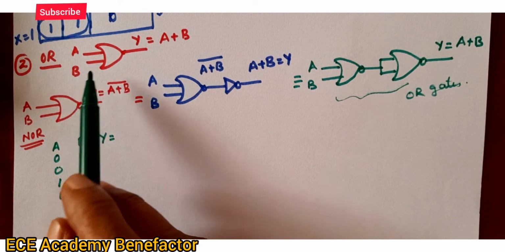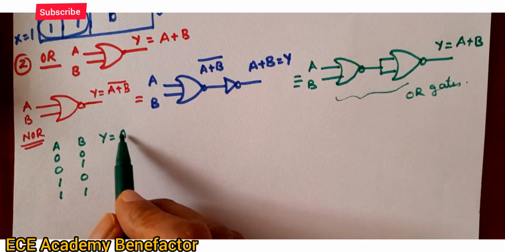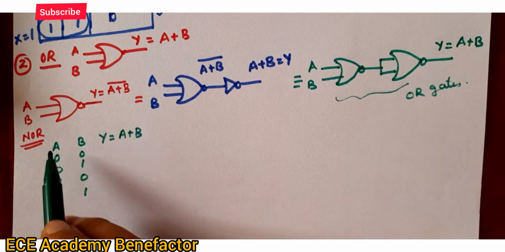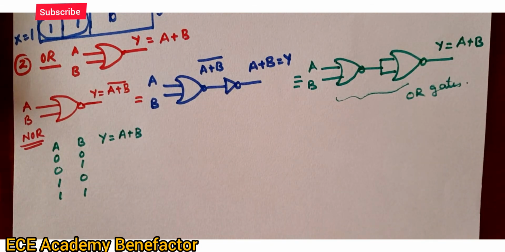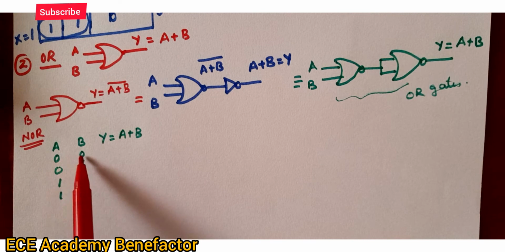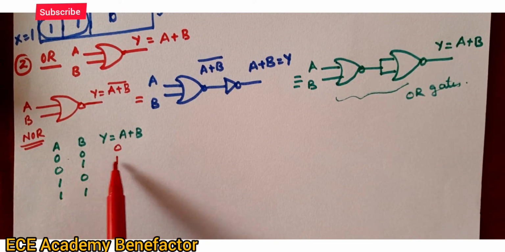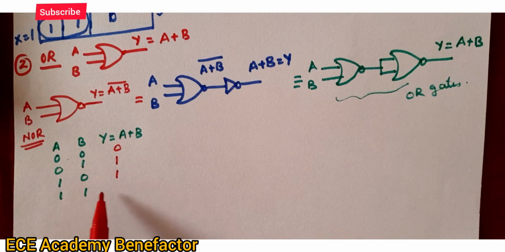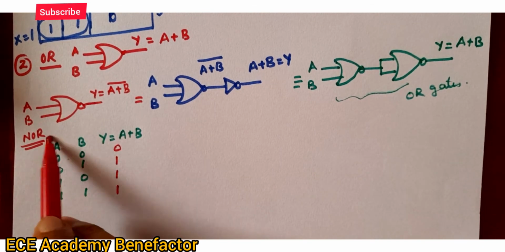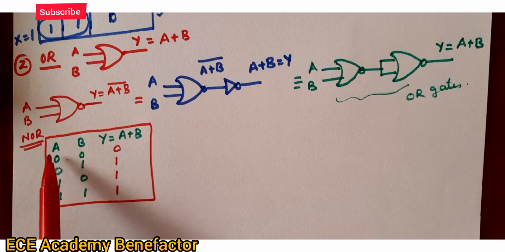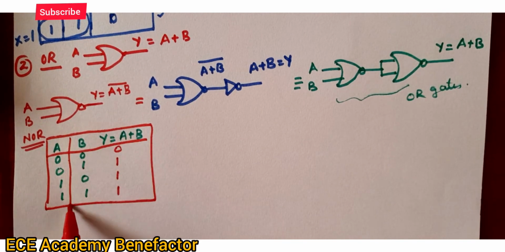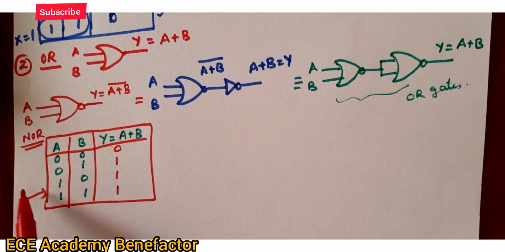We want to get an OR gate, so the OR gate expression is A plus B. For 0 0, the OR gate output is 0. 0 plus 0 is 0. 0 plus 1 is 1. 1 plus 0 is 1. 1 plus 1 is 1. This is the OR gate truth table.